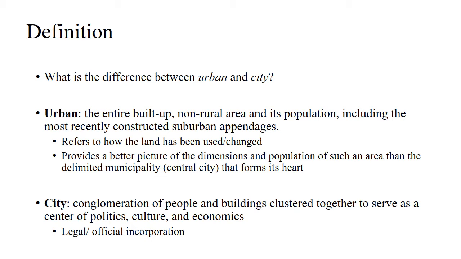When thinking about cities, many people often picture the urban environment of their locality more than they think about the actual legal boundaries of their city. This brings us to the definition of a city, right? The definition I've got here says a city is a conglomeration of people and buildings clustered together to serve as a center of politics, culture, and economics.